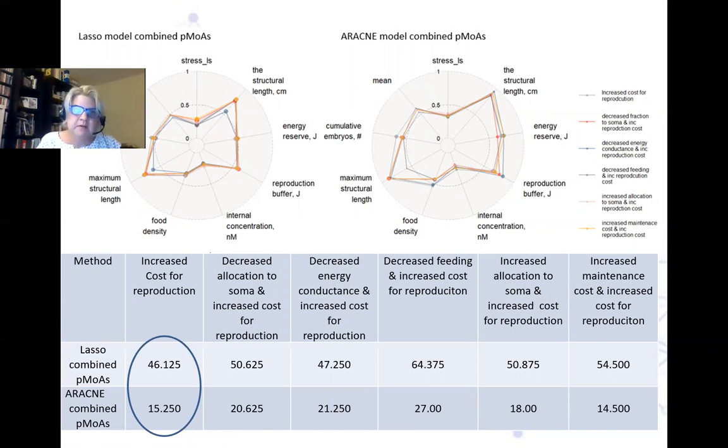The DEB models could be overfitting or something like that, so there's a lot of variability that needs to be explored further. But it looks like the increased cost for reproduction is the dominant pathway, and adding these other ones didn't do very much and actually had a poor fit.